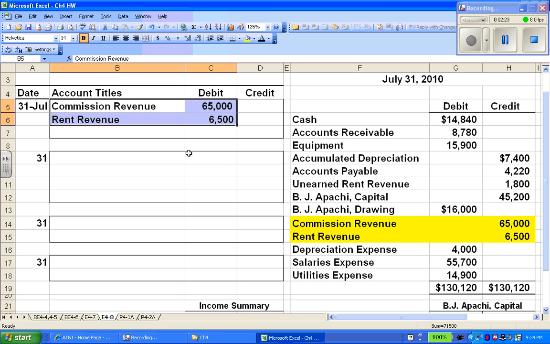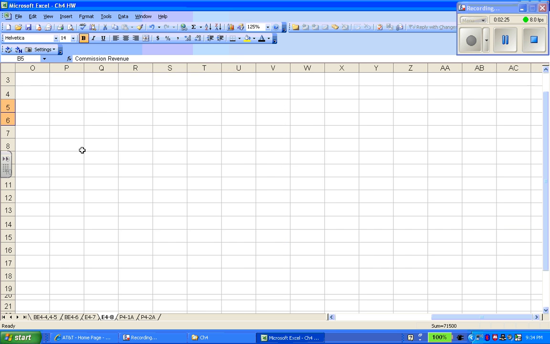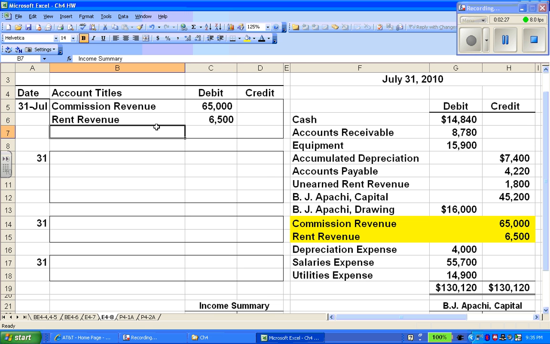And then what I want to credit is the income summary account. So I'll credit that for the total. Remember, my debits and my credits must equal. The 65,000 plus the 6,500 gives me 71,500, and I'll close that out to my income summary.